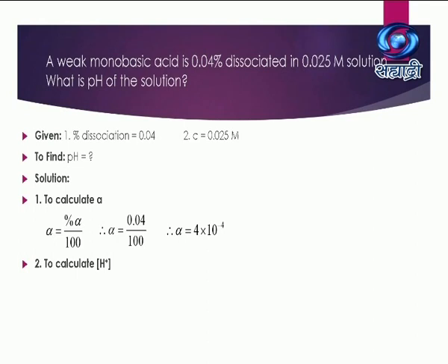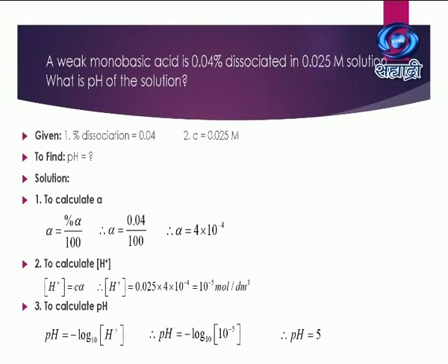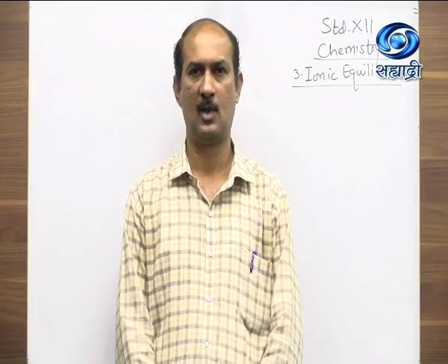Let's calculate H plus ion concentration because that is required to calculate pH. H plus ion concentration is calculated as C into alpha. Substitute concentration 0.025 molar. So that is 10 raised to minus 5 molar. And last step is to calculate pH. So pH comes out to be 5 since using the same formula for pH.